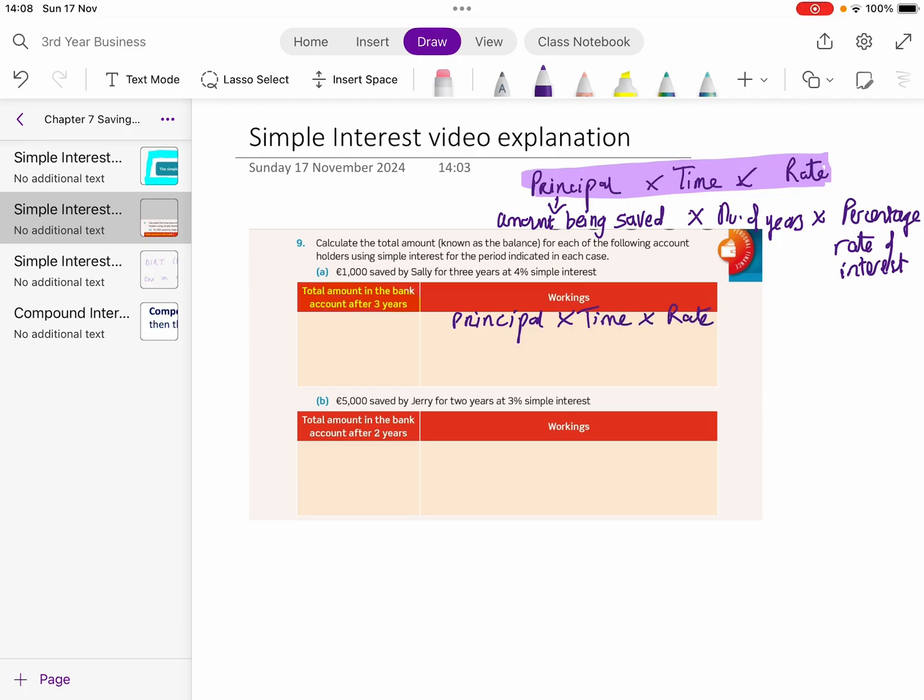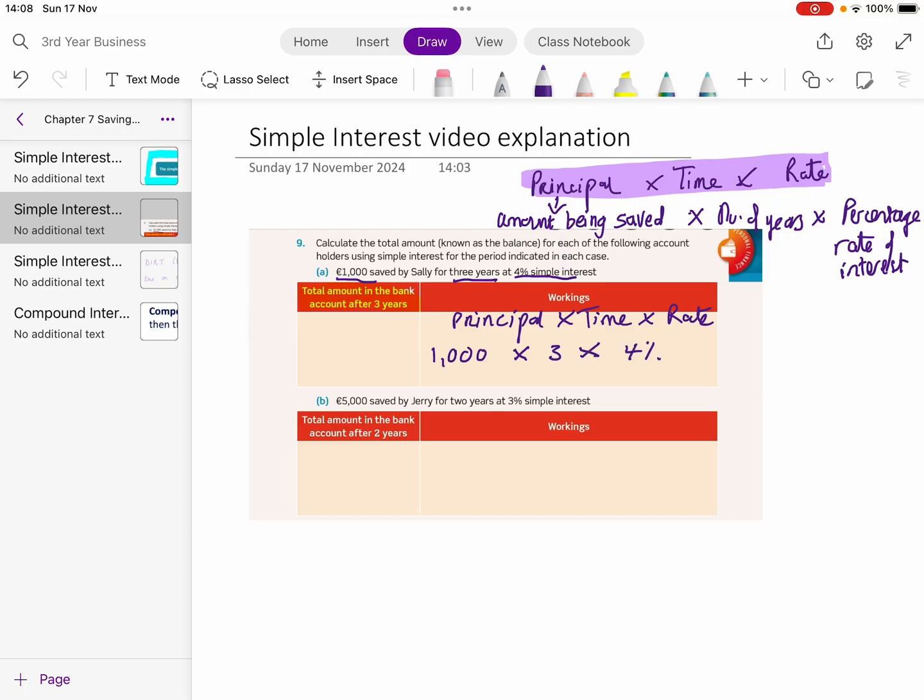My principal is €1,000, which is what I saved, multiplied by 3 years, at 4% simple interest.